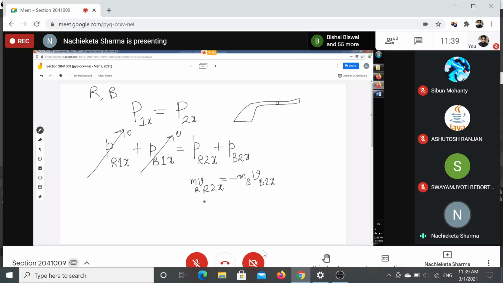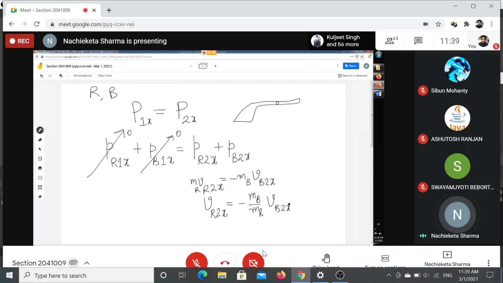So VR2x is equal to minus MB divided by MR, the mass of the bullet by the mass of the rifle, into the final velocity of the bullet horizontally.